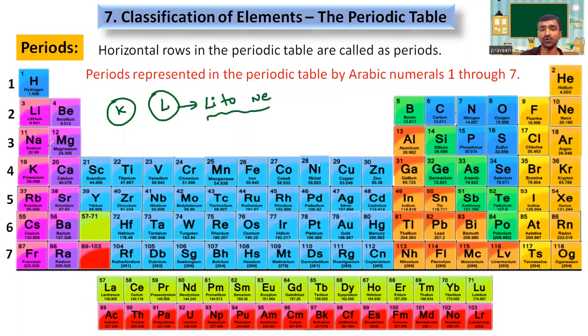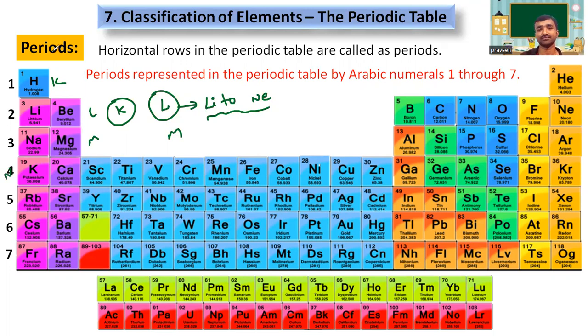Sodium to argon, the outermost shell is M shell. So every time K shell, L shell, M shell, N shell, and so on. Each period ends with the same main shell.